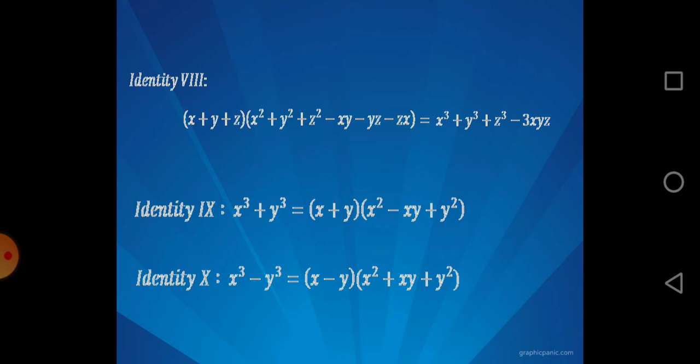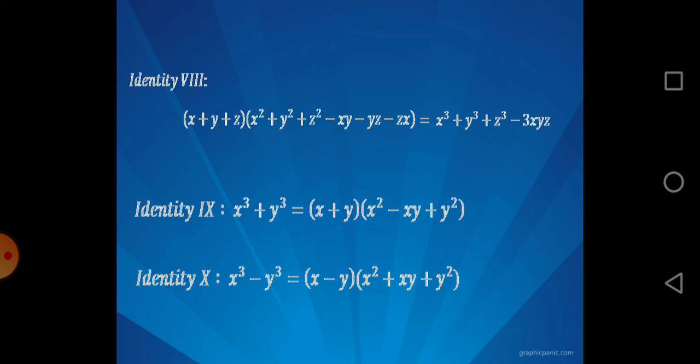So you can find the value of x cube plus y cube plus z cube very easily. That is equal to 3 into 5 into minus 2 into minus 3. So if x plus y plus z is 0, then x cube plus y cube plus z cube is equal to 3xyz. This is also a very important identity.